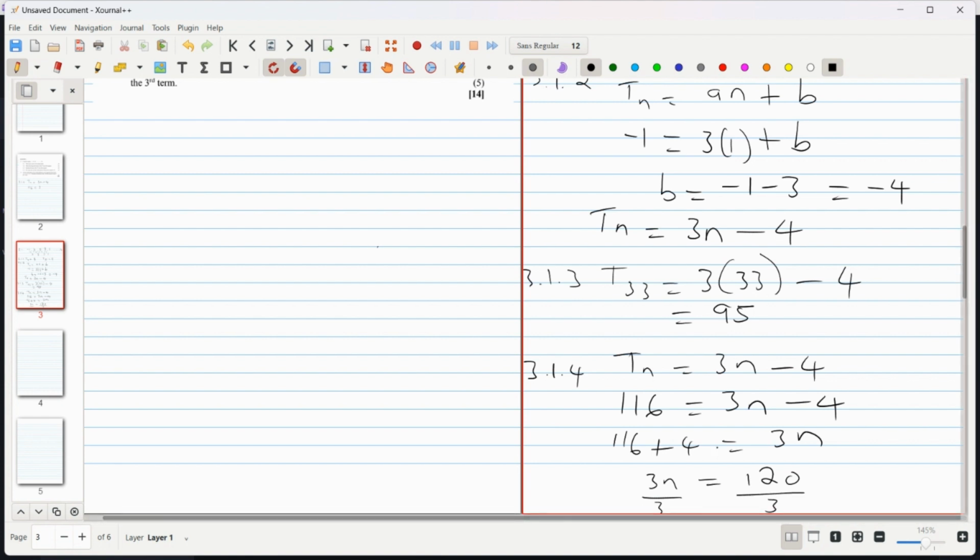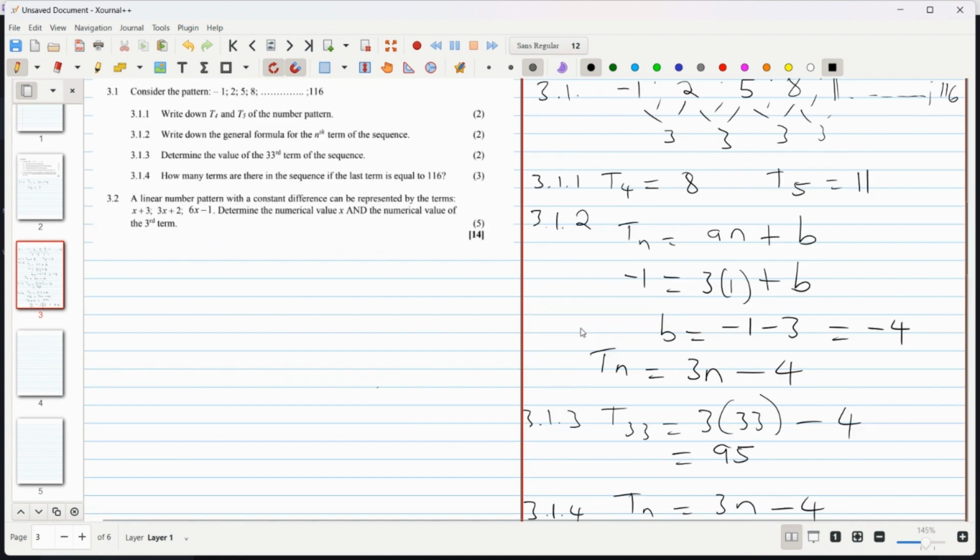I don't have enough space here. Then you'll have 120 divided by 3, which gives you 40. So it means that the number pattern has 40 terms.